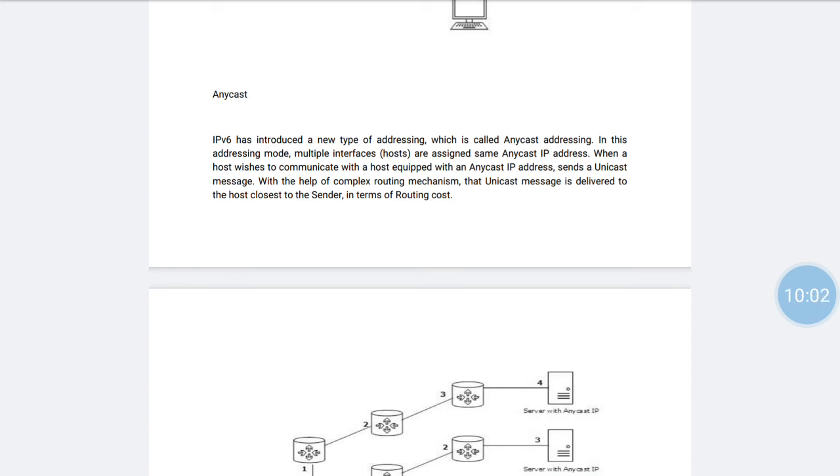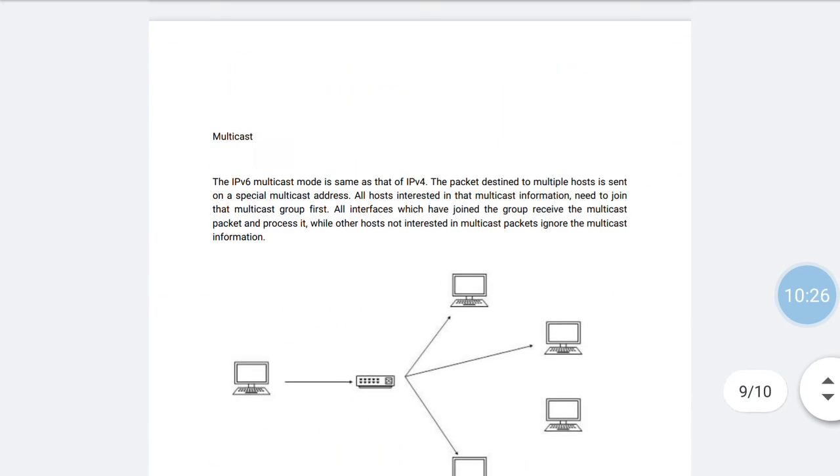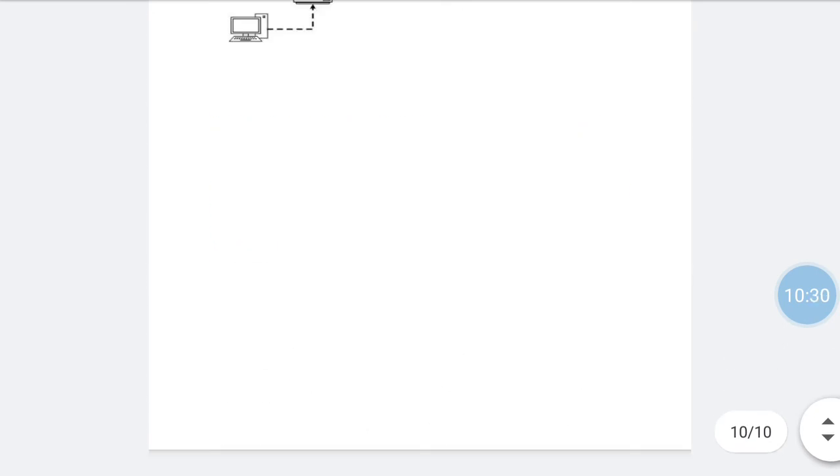When a host wishes to communicate with a host equipped with an Anycast IP address, it sends an Anycast message. With the help of a complex routing mechanism, that message is delivered to the host closest to the sender in terms of routing cost. So these are the three different types of addressing modes in IPv6.